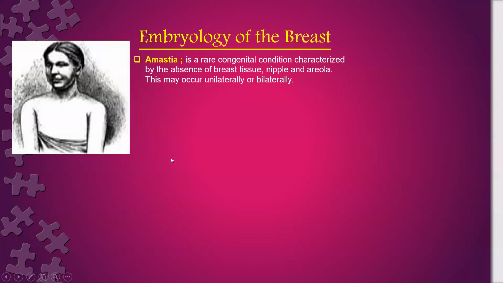On the other hand, the breast might fail to develop, on one side or both sides, and this can result in amastia: no breast, no nipple areolar complex, a complete lack. It is a congenital condition characterized by complete absence of breast tissue, including the nipple areolar complex.